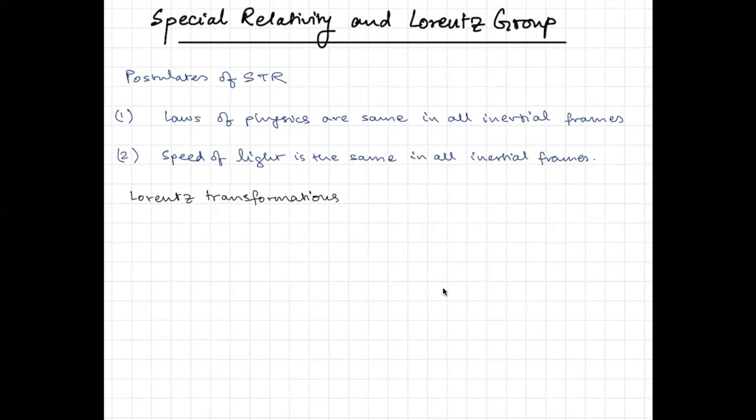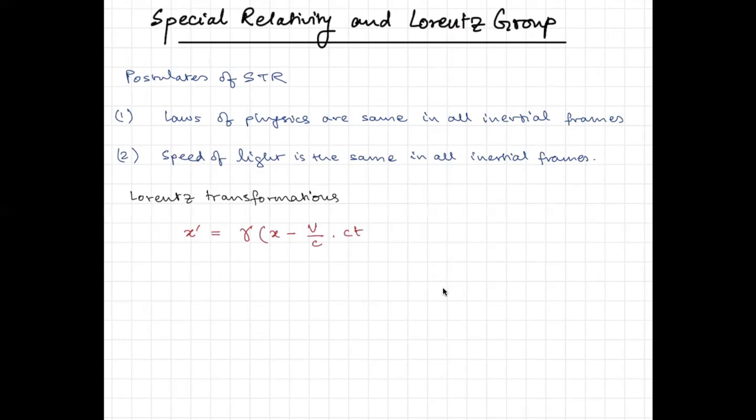You would remember that when we are looking at a transformation just in the xt plane, leaving y and z as spectator directions, what we get is the following: x prime is gamma times x minus v over c into ct.